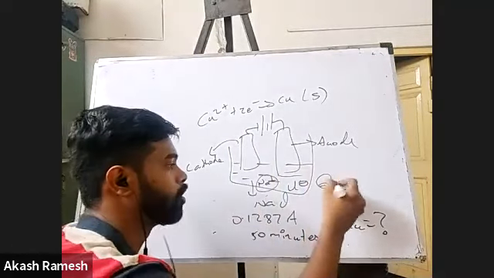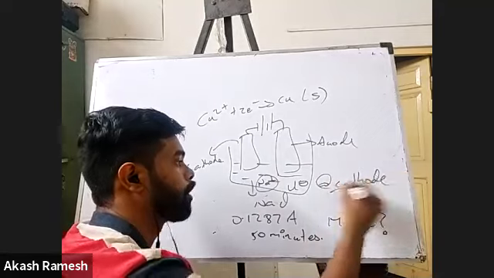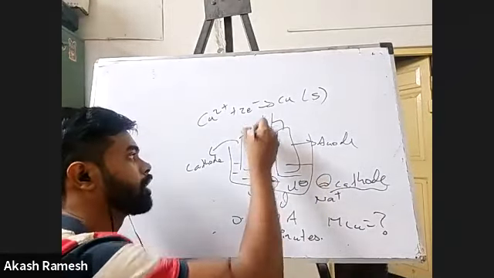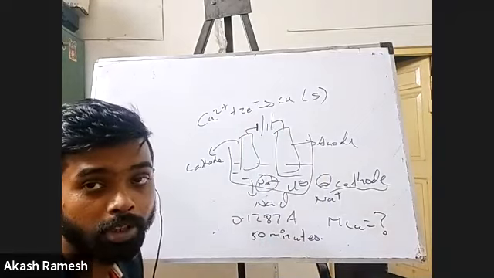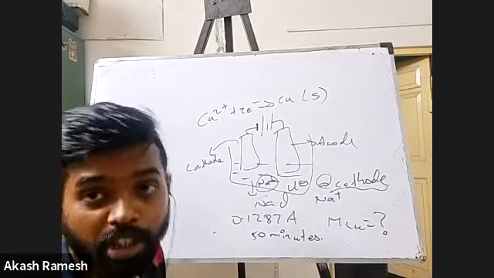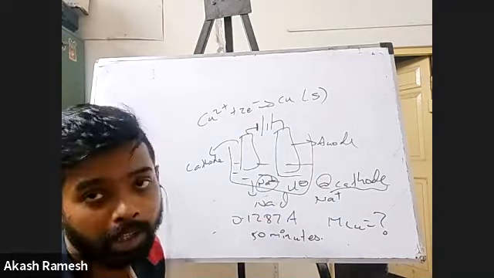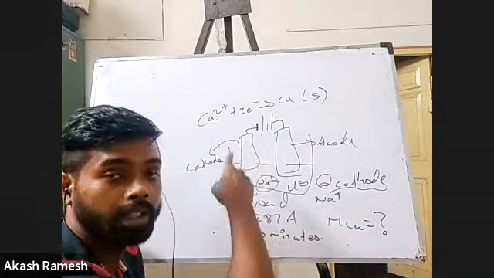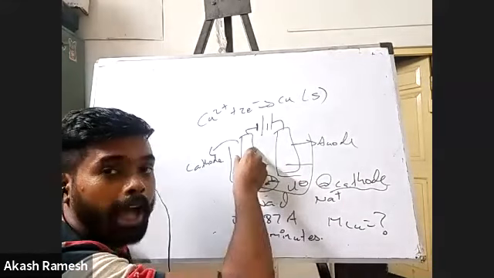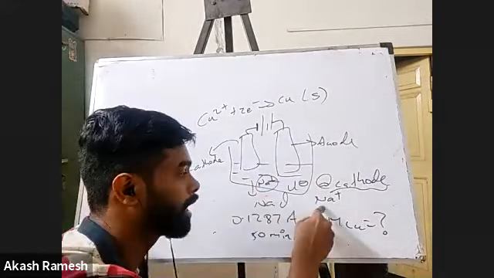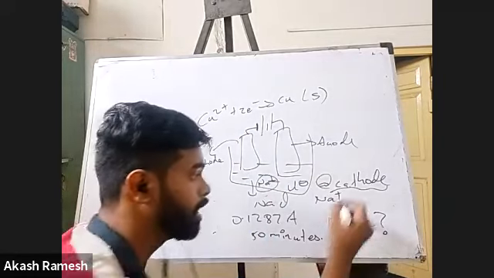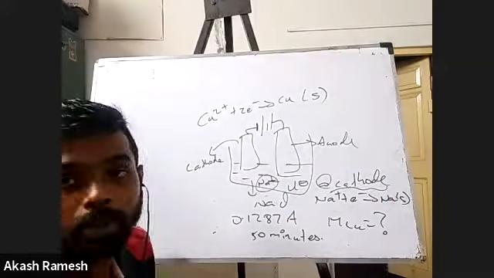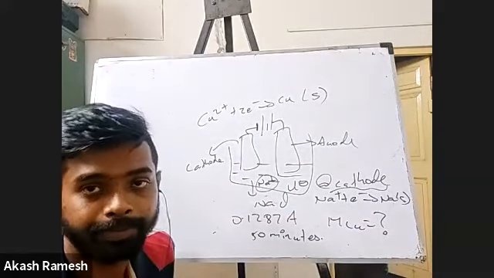You see it is connected to the negative terminal of the battery, which means it is going to be rich in electrons. So the cathode is going to donate one electron to Na+, and sodium metal will be formed.